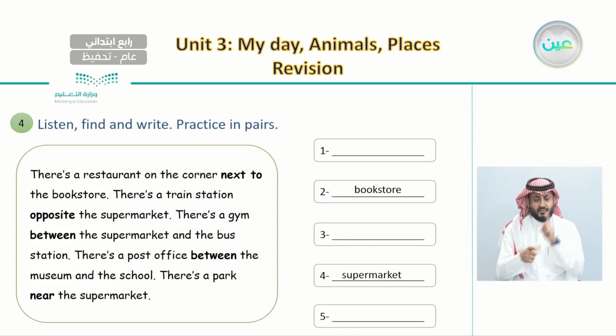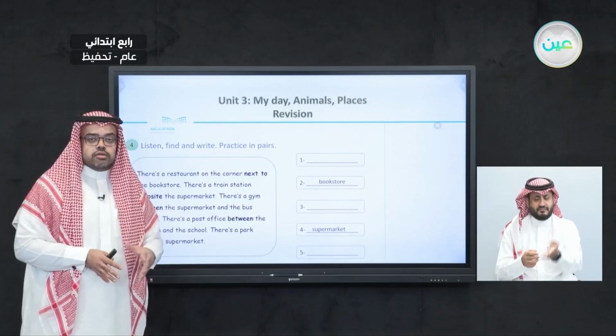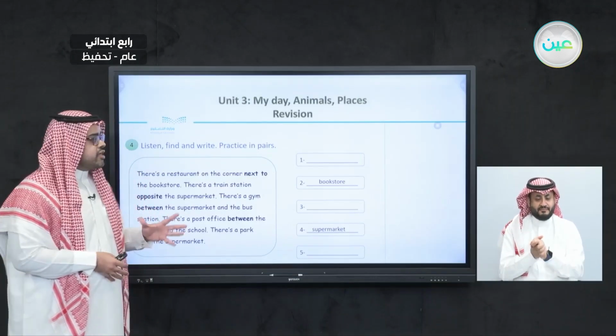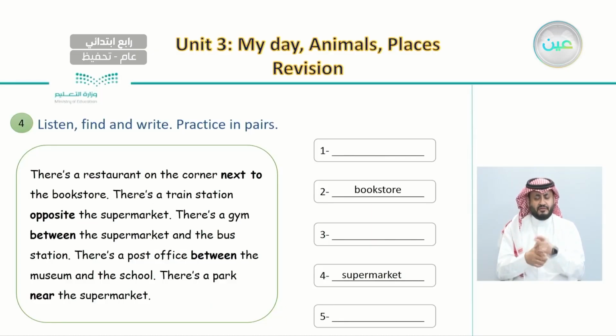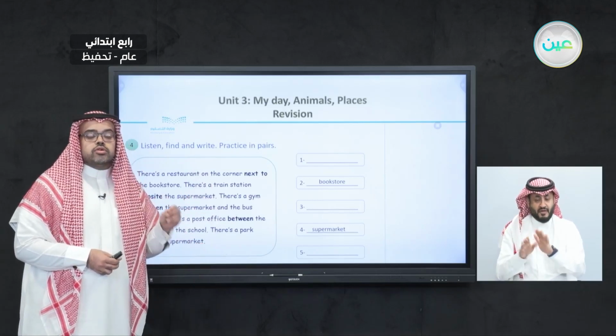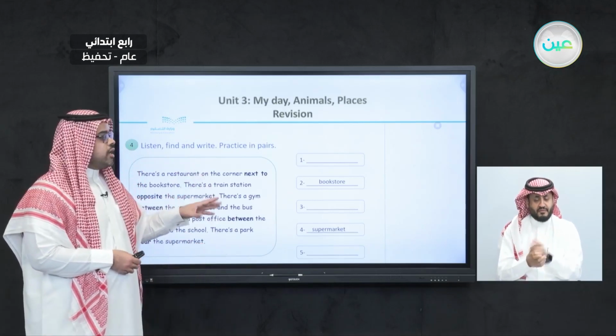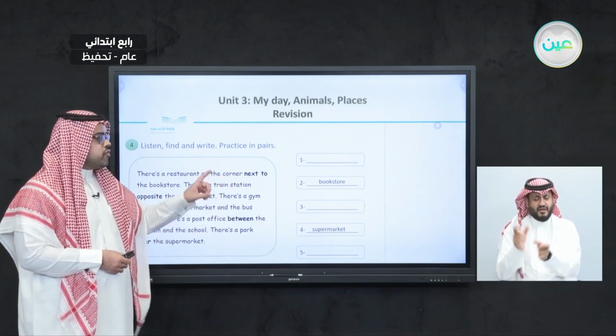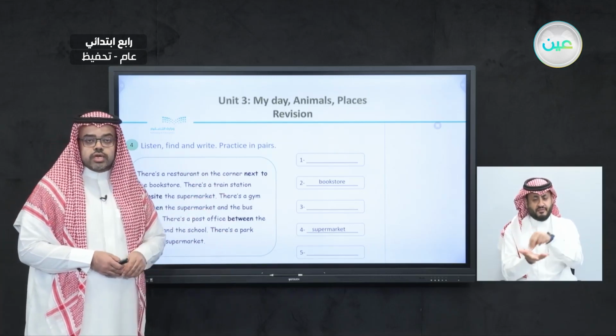Quick revision of our last phonics practice. We had an interesting exercise where we asked you to look at the map in front of you on the page and then read the text. When you do this, you need to write down the missing places from 1 up to 10.